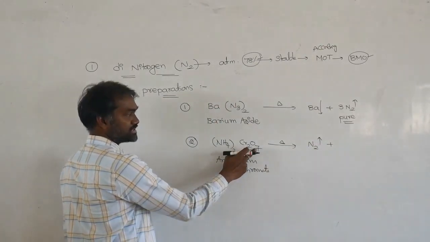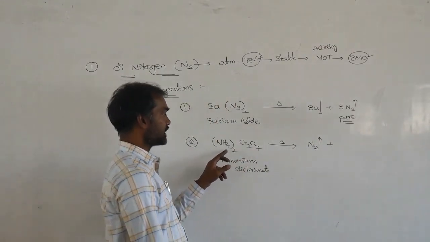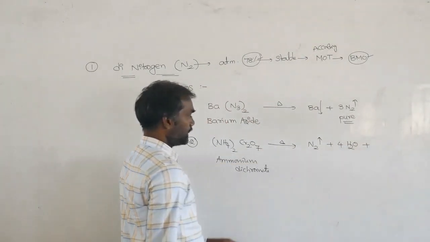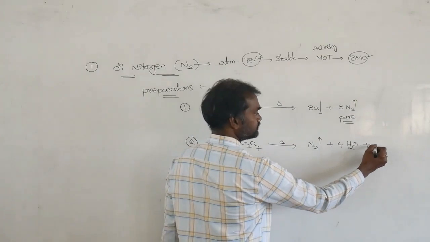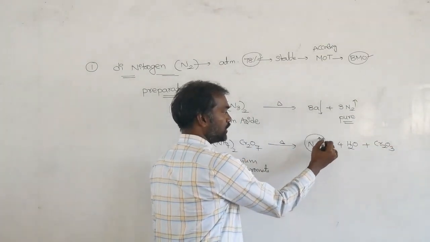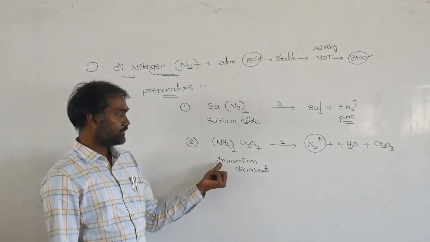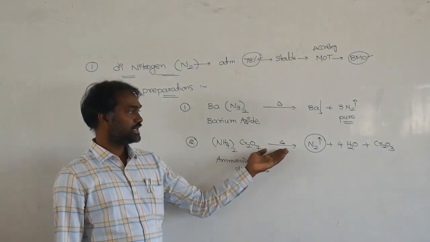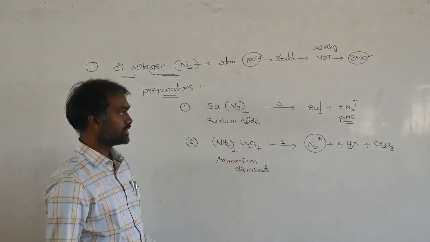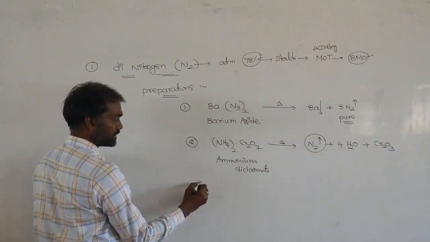Hydrogen is there, oxygen is there, which means water is coming out, so 4H2O. Next, Cr2O3 remains. So here also, in what way do you write the matter? When ammonium dichromate is heated at high temperature, it releases nitrogen gas. So that is also one of the preparations.